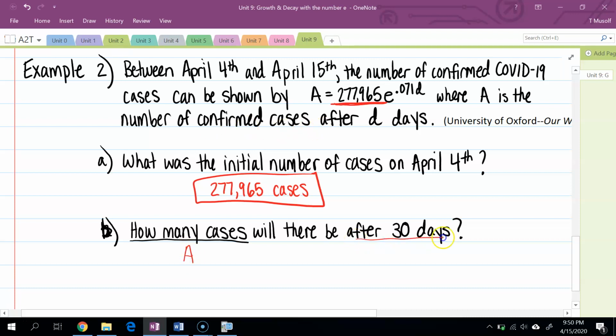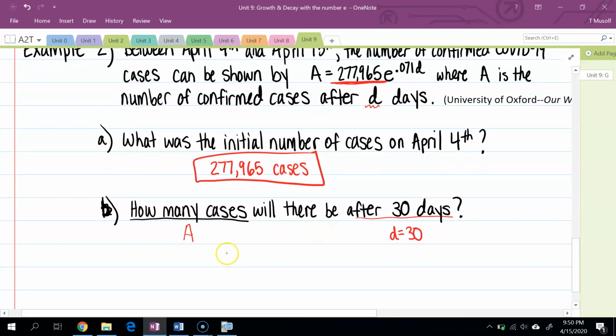And after 30 days tells us this other variable D. It's saying D is going to equal 30. So I'm going to take the equation they gave me and plug in 30 for D. So it would become 277,965 times e to the 0.071 times 30.